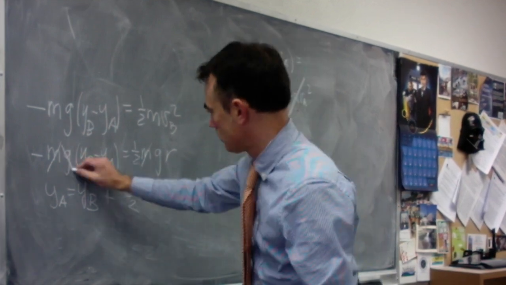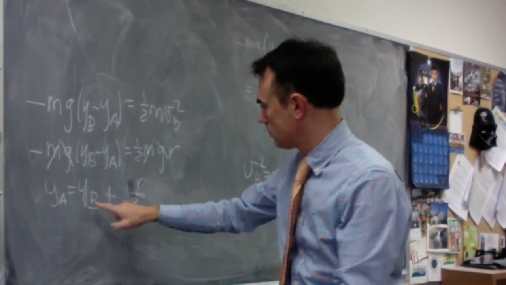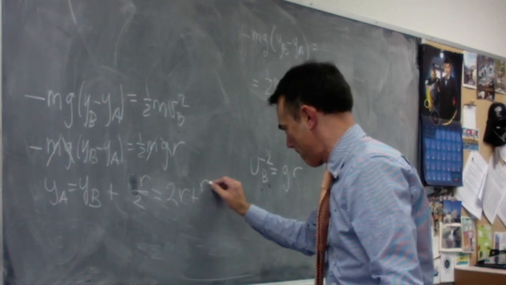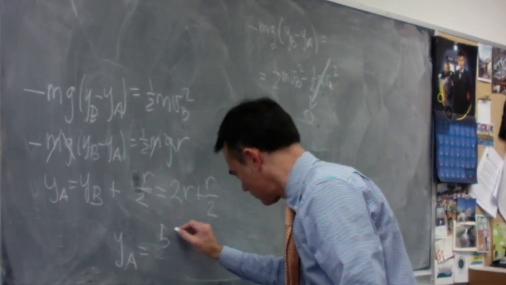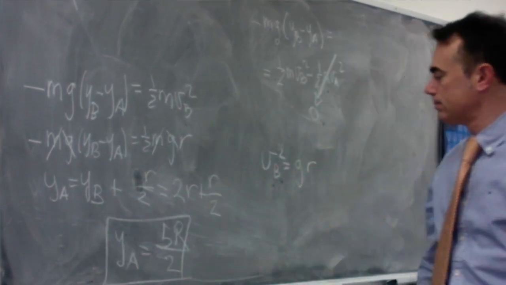We simplify this and we get that the initial height is equal to the final height plus 1/2 of the radius of the loop. So only considering work and energy, again, we can find the initial height required for this motion to happen.